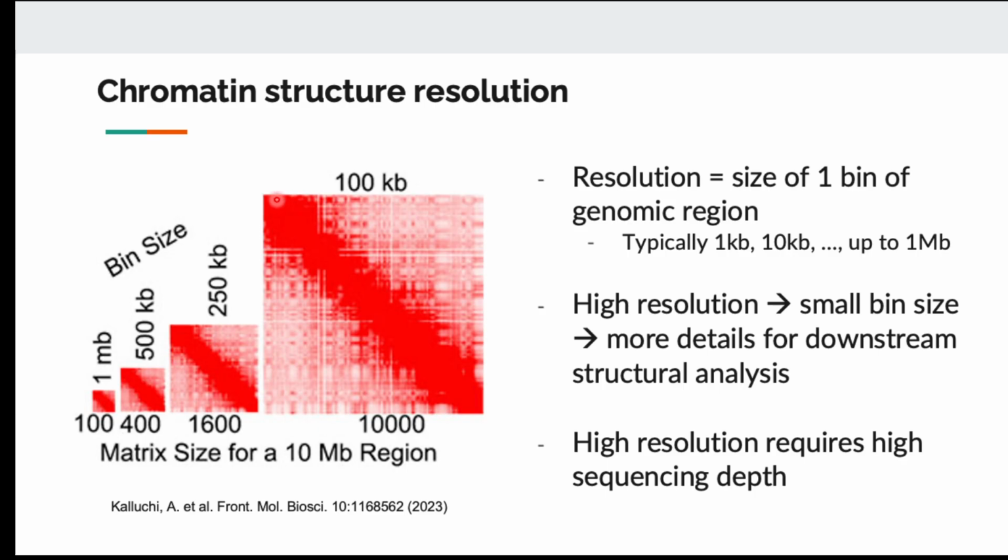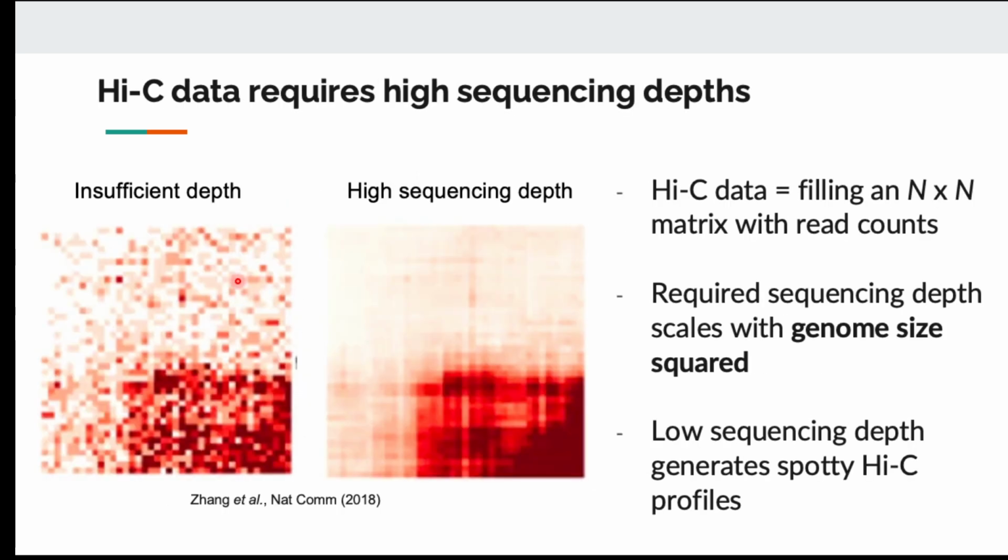pixels. If you imagine 1 bin of the genome as 1 pixel in this image, as you increase your resolution, your number of pixels goes up quadratically. It's going to the square of the number of bins. So this means that you need high sequencing depth to fill in the data.